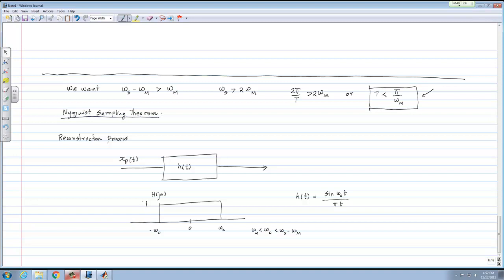But since I want the gain to be T, it would be T times sin(omega c t) divided by pi t. If I were to write it in terms of the sinc function, this is T omega c divided by pi times sinc of omega c t divided by pi.